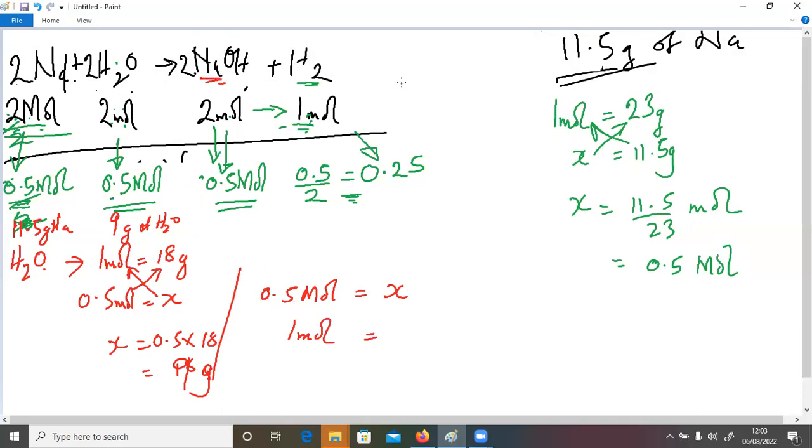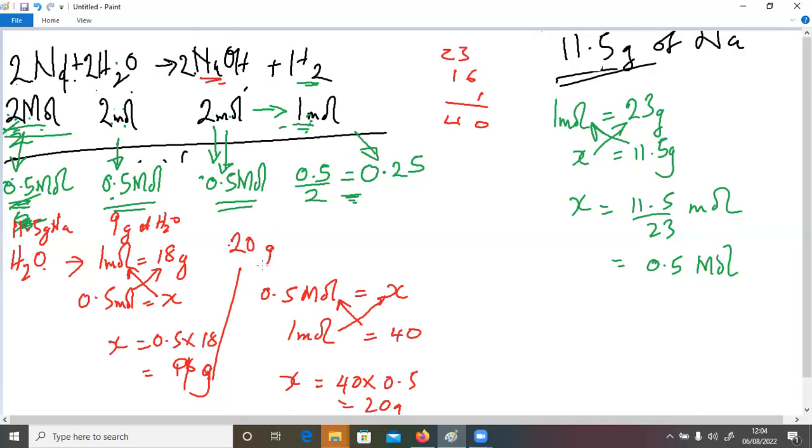Sodium 23 plus oxygen 16 plus hydrogen 1 equals 40 grams. So my X will be equal to 40 multiplied by 0.5, which is 20 grams.